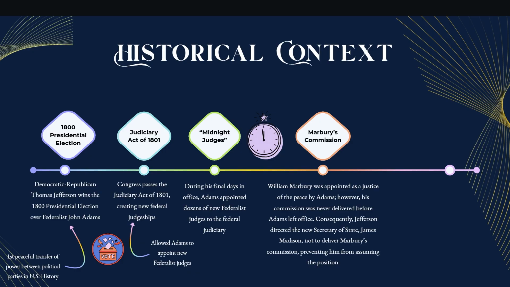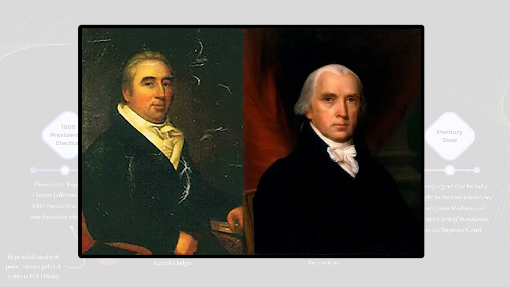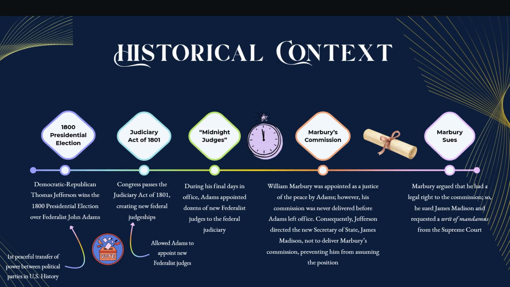Now, Marbury was obviously upset and believed he was legally entitled to the position. So he sued Madison and requested the Supreme Court to issue a writ of mandamus, which is a court order requiring a government official to perform a legal duty. In this case, Marbury wanted the court to order James Madison to deliver his commission.